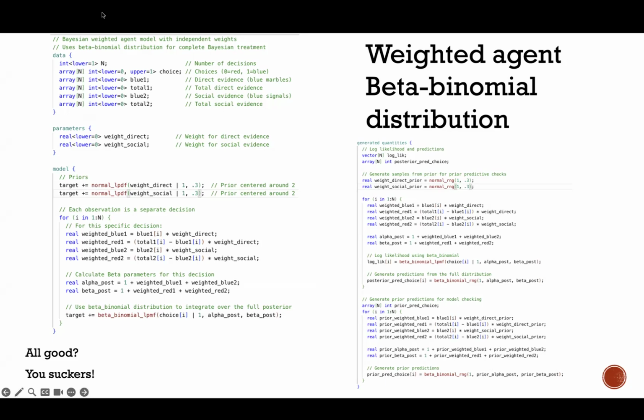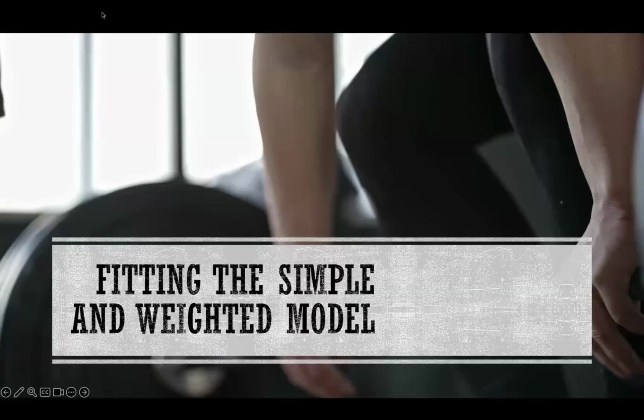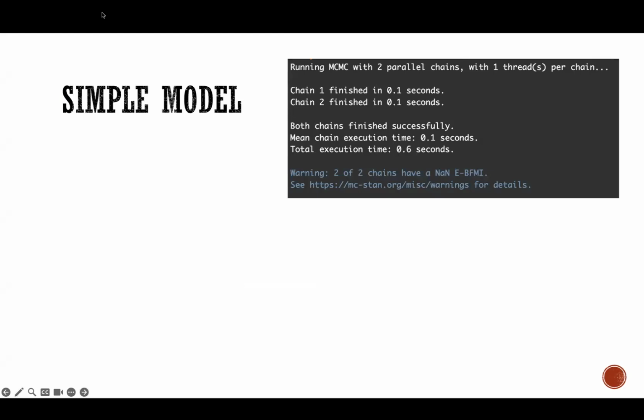And we have two different scenarios with uneven weights that we expect the weighted model to nicely reconstruct in terms of which of the sources of evidence is more weighted. So we go and fit the models.